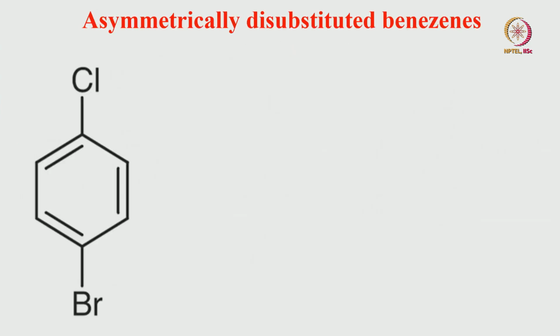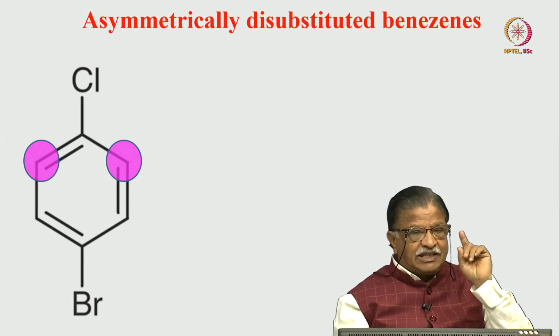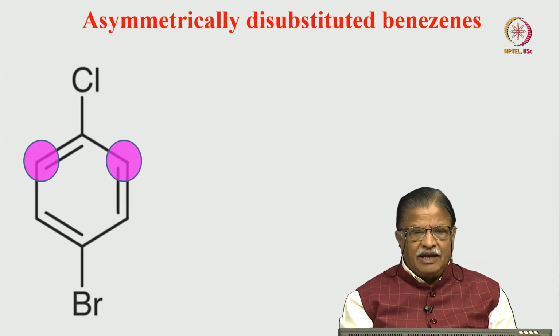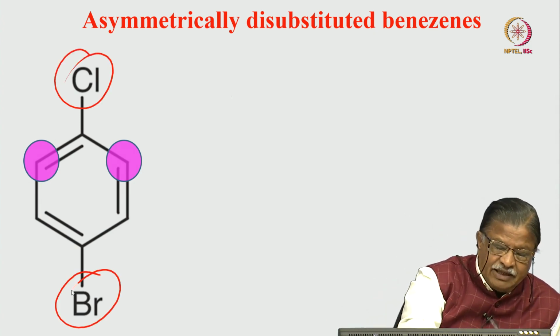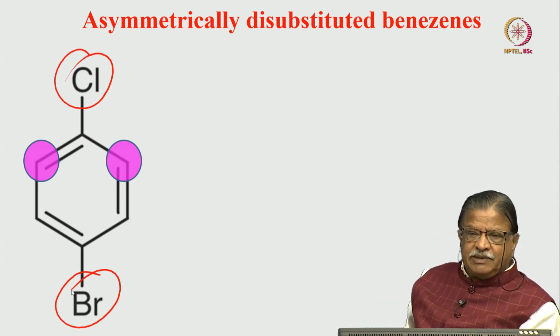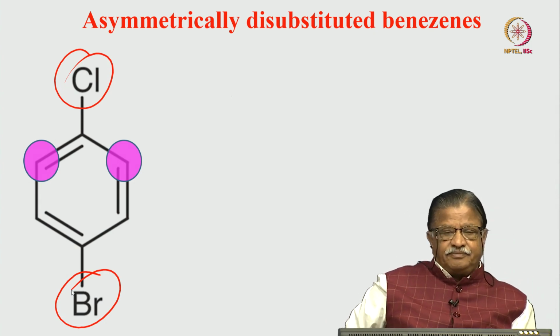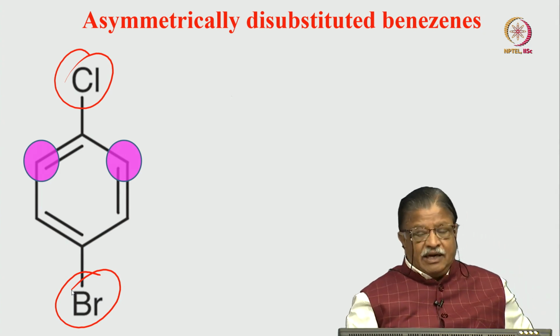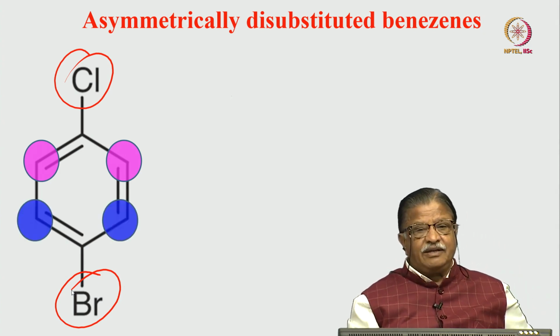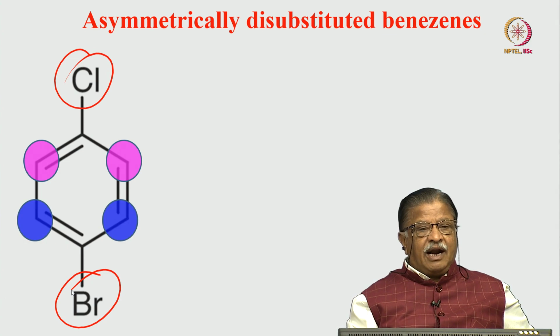Now asymmetrically disubstituted benzene, not the previous example of symmetrically disubstituted. Take the example of a molecule like this. One is chlorine, this is bromine, there is no symmetric substitution, they are different. As a consequence, the chemical environment at the site of these two protons is different from the chemical environment at these two protons.